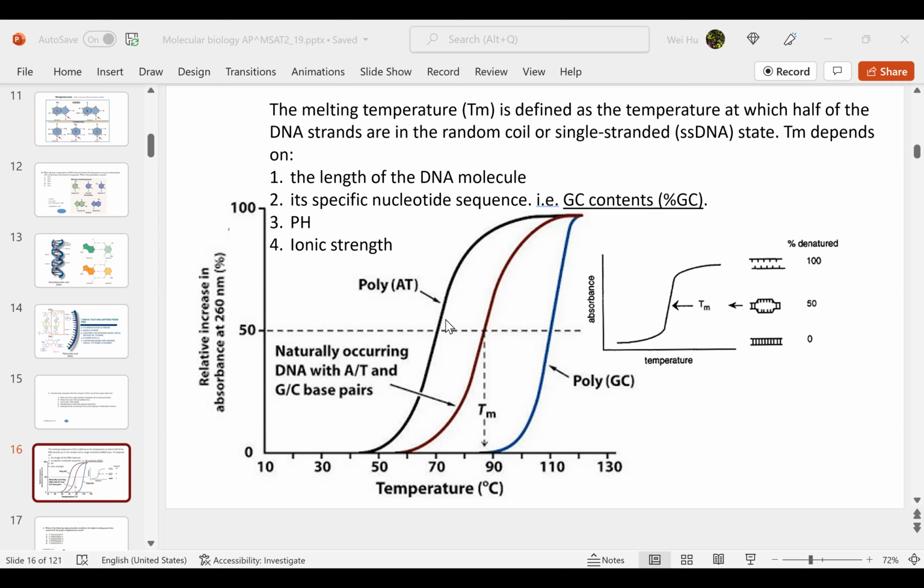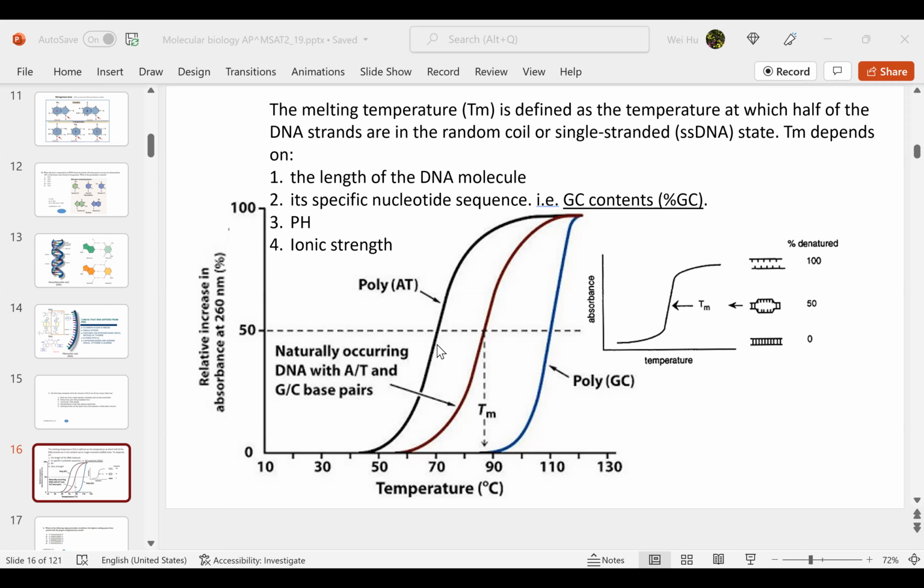If you have more AT, then AT has 2 bonds, so they are easy to break. Therefore, you can use 70 degrees to separate half of them.